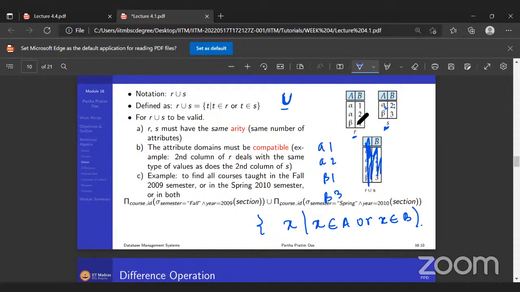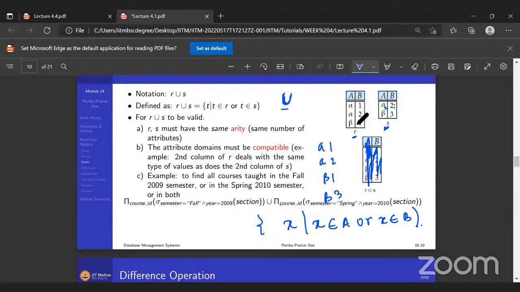So if anyone asks you what is the difference between relational algebra and SQL, the union operation in relational algebra expressions and the union operation in SQL, that is the difference.